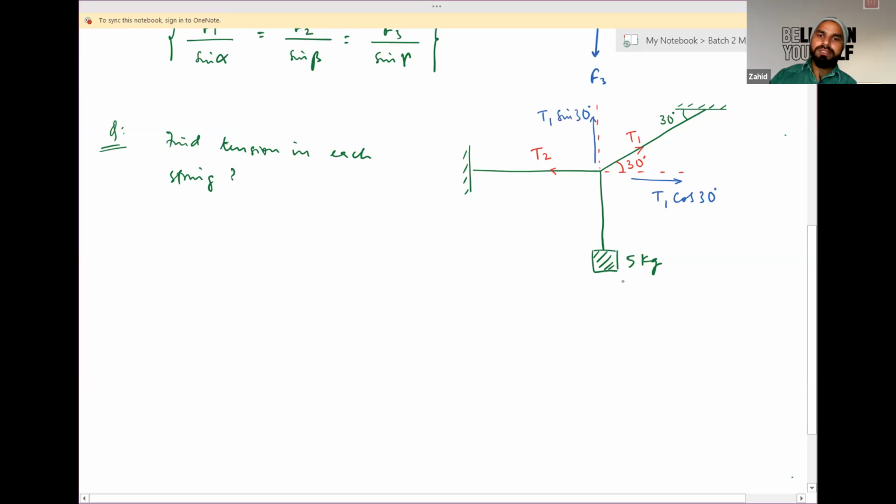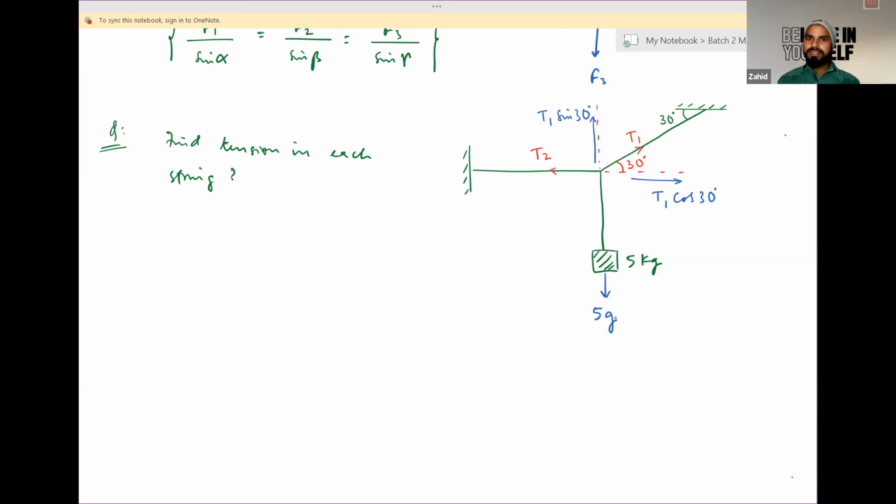There will be a force due to this block in downward direction, that is mass times gravity. Is it clear? Yes, sir.